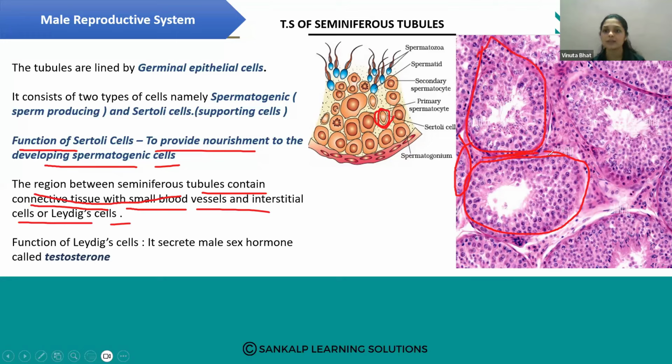In between these seminiferous tubules there is connective tissue and blood vessels, and also one type of cell called Leydig cells. Inside the seminiferous tubule you see the Sertoli cells, but here the Leydig cells are also called interstitial cells.